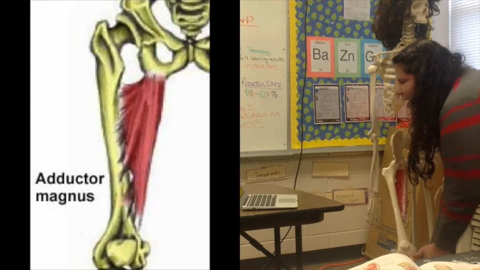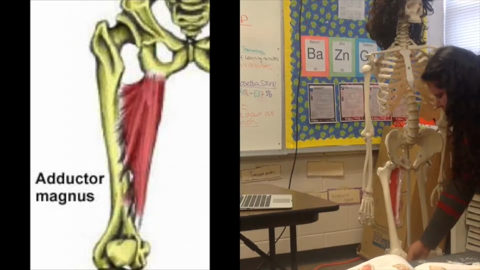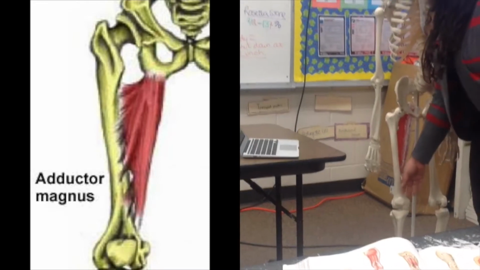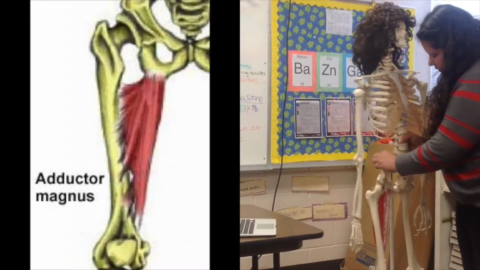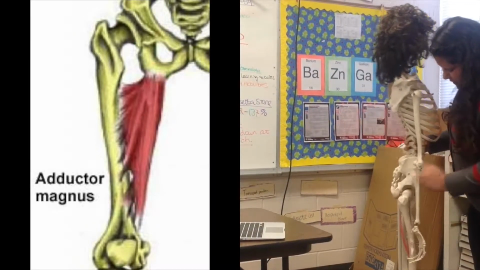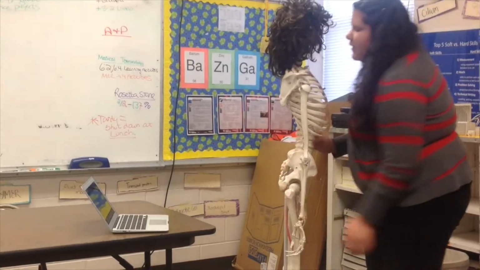Then it's going to flex the thigh, so I'm going to bring it up. And for its antagonist will be the gluteus maximus, which is found on the back of the ilium, on this area right there.